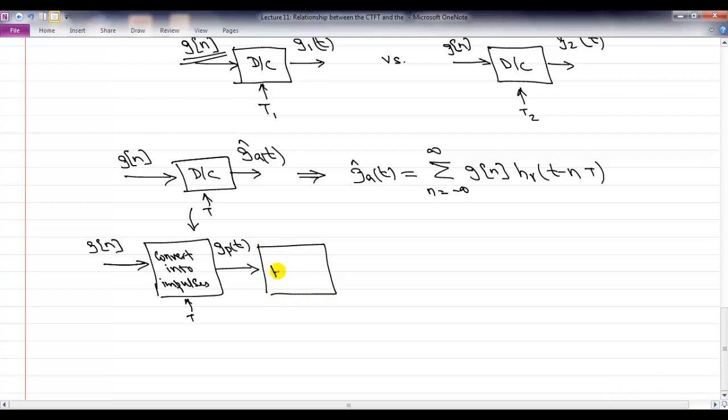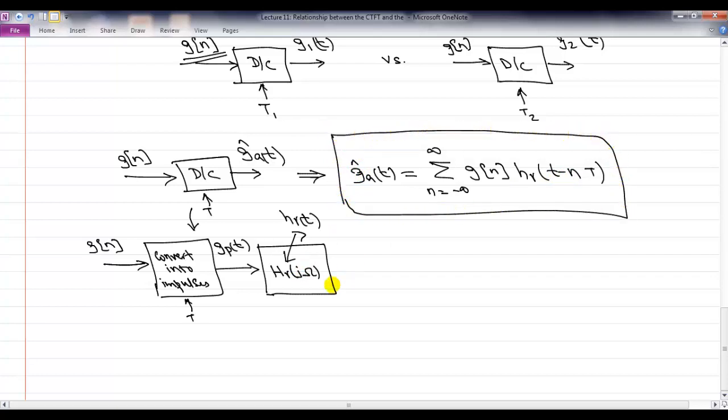So we had a reconstruction filter HR of j omega, which has an impulse response HR of t. And if you do this, then we had derived that this is the expression of your output. This is what the output looks like. This relationship is always true, regardless of whether you are doing sinc interpolation or not.